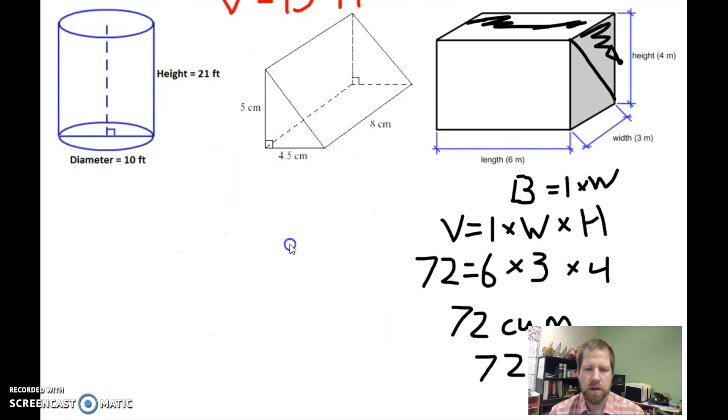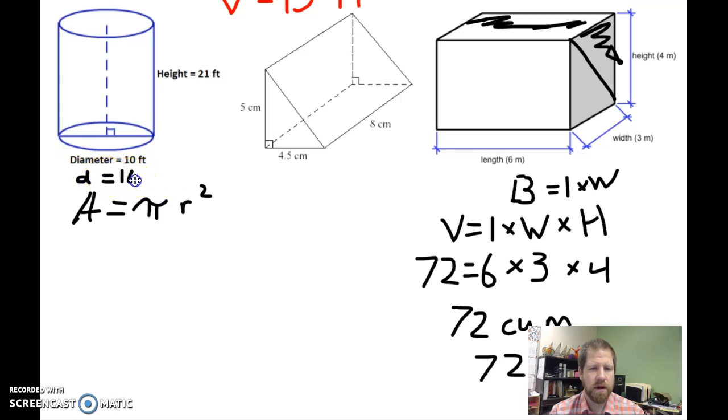All right, on to our cylinder. Let's go ahead and get some more room. Okay, so now cylinder. Hopefully we all remember our circle work that we've just done. So we know that the area of a circle is equal to pi r squared, and we know our diameter is equal to twice our radius.